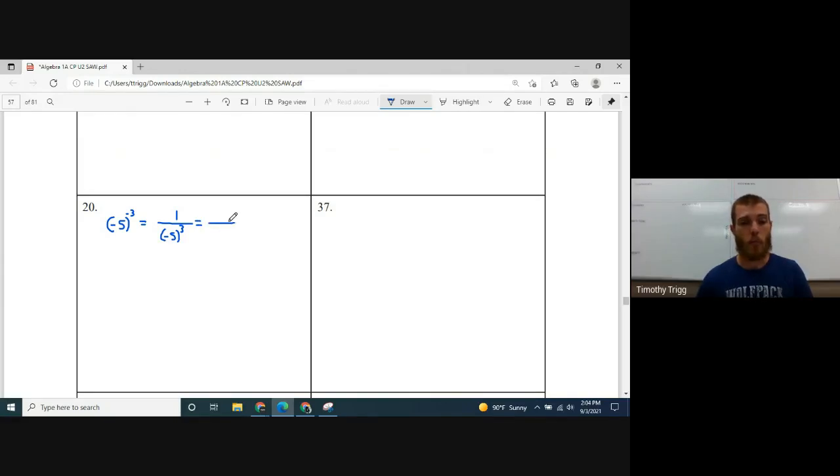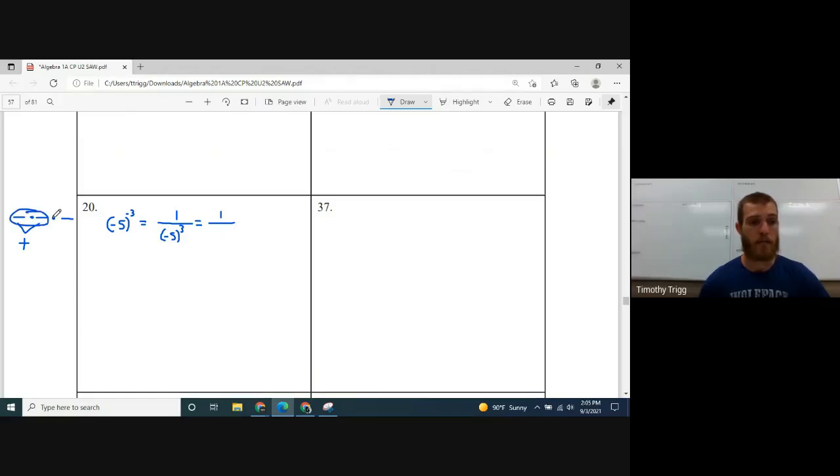So this means 1 over -5 times -5 times -5. Should that be positive or negative? Essentially we have 3 negatives multiplied with each other. The first 2 negatives, negative times negative, make a positive.